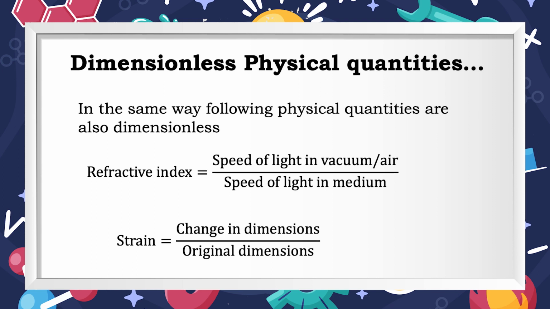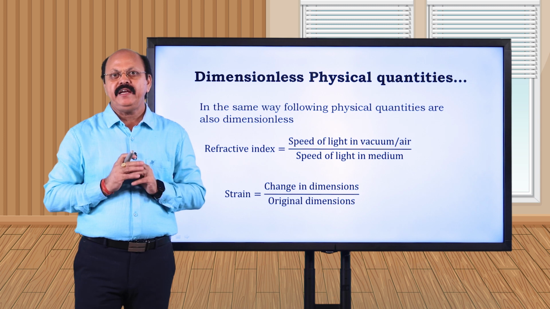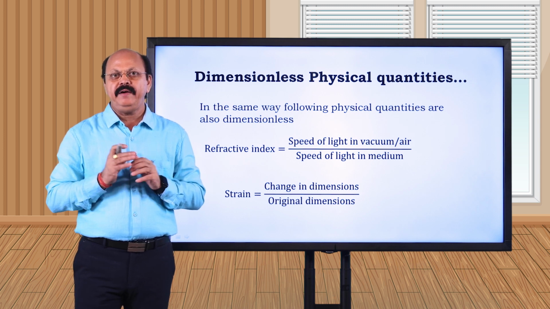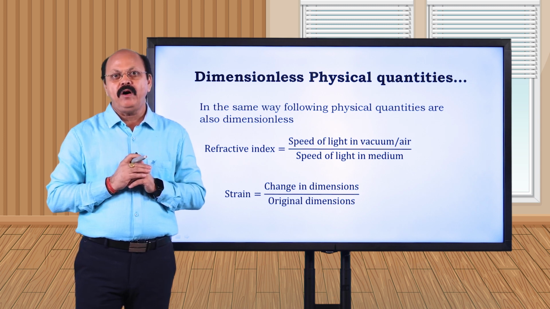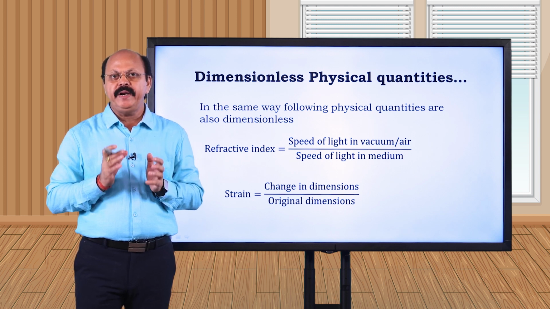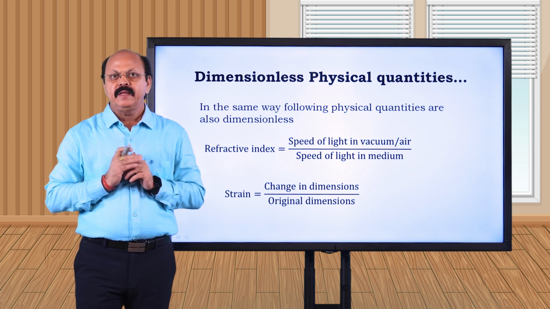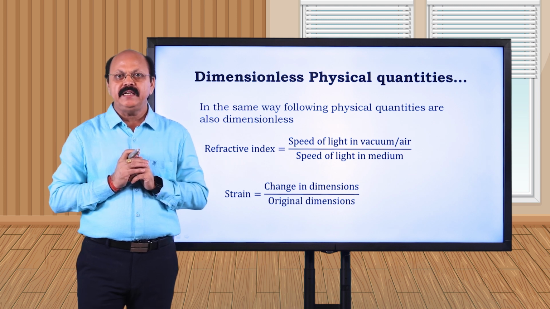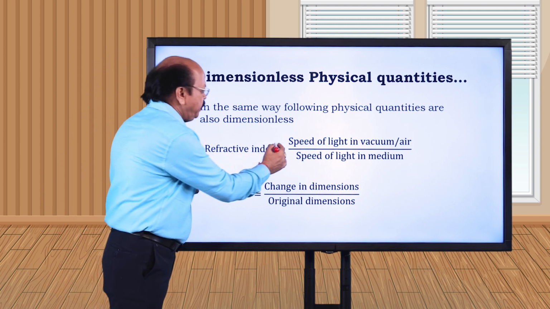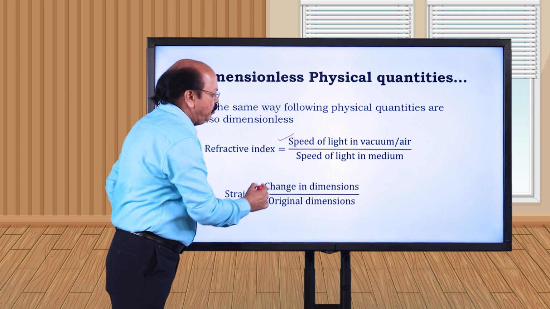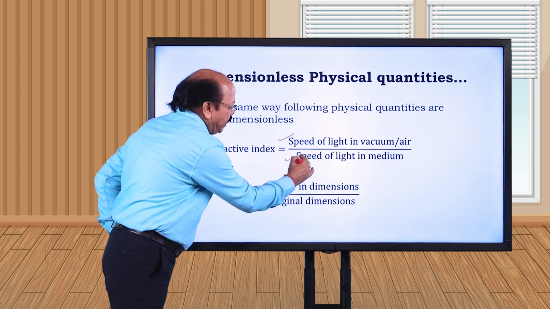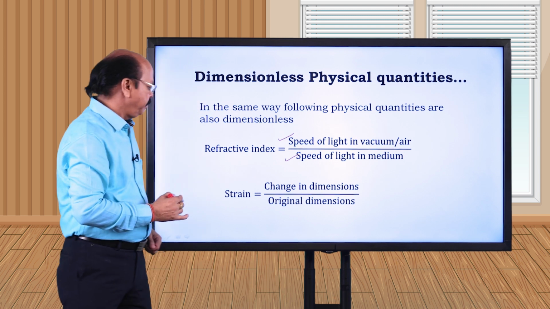In the same way, other physical quantities like refractive index and strain also do not have dimensions, because they have the same physical quantities in numerator and denominator. The formula of refractive index is given by speed of light in vacuum or in air divided by speed of light in medium.